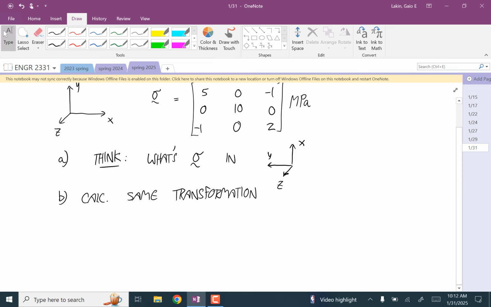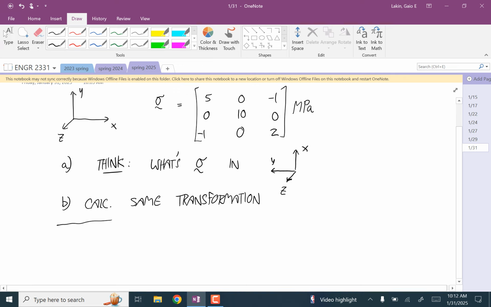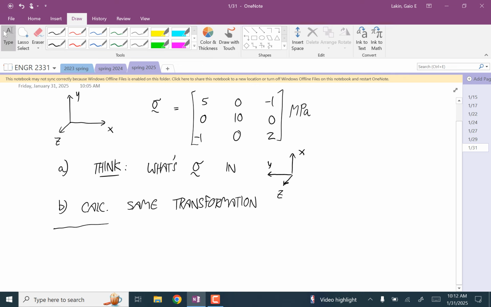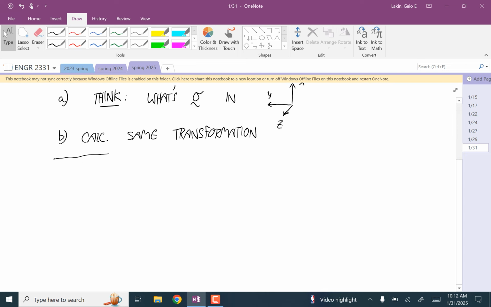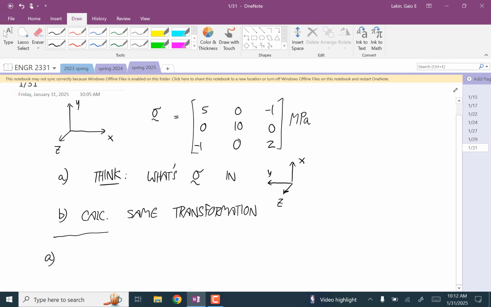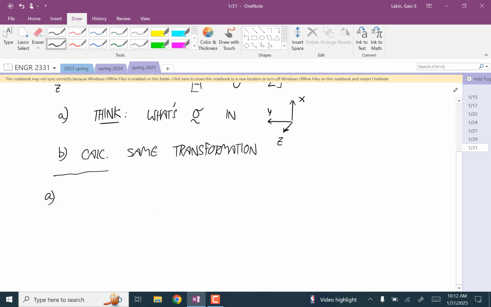Okay, so how are we going to think through this? Well, remember that stress tensors always have, you can always draw out the stress cube for a given stress tensor. Okay, so let's draw out the stress cube for this.